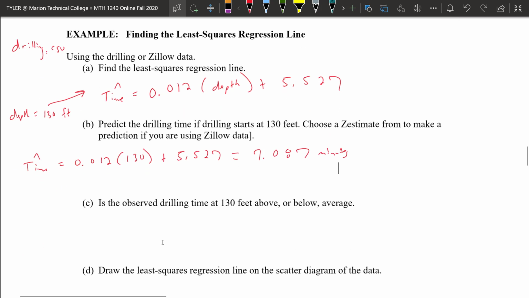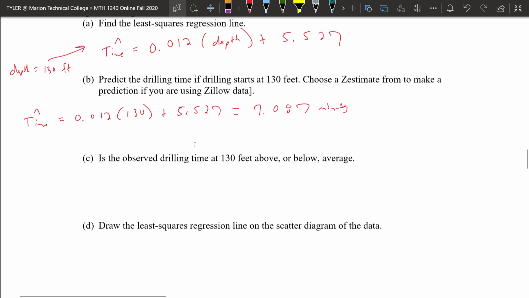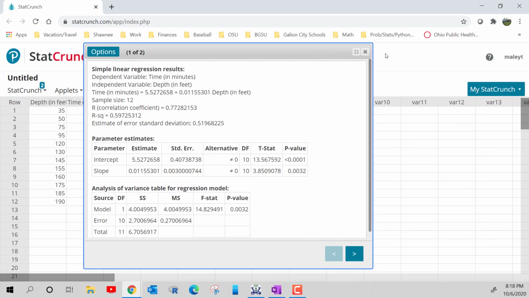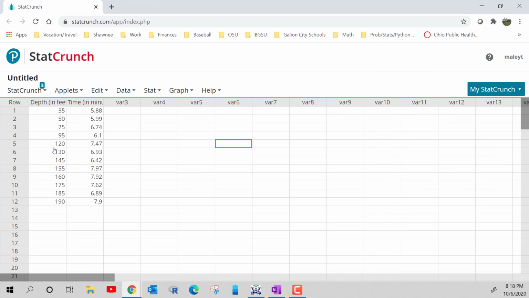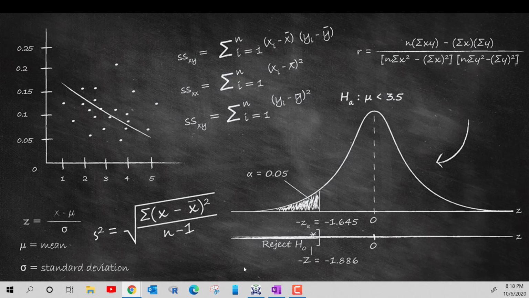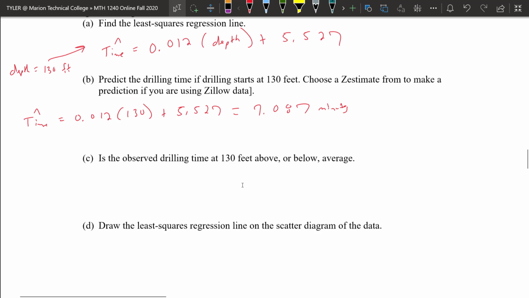So then what we're asked to do is, is the observed drilling time at 130 above or below average? So the observed drilling time is from the data. If I go back to StatCrunch, here's the table of my data. I'm focusing in on row 6. For 130 depth, the observed time is 6.93, the y value.